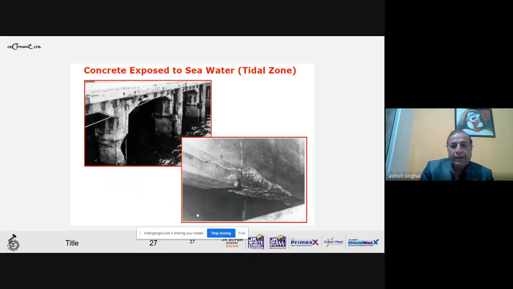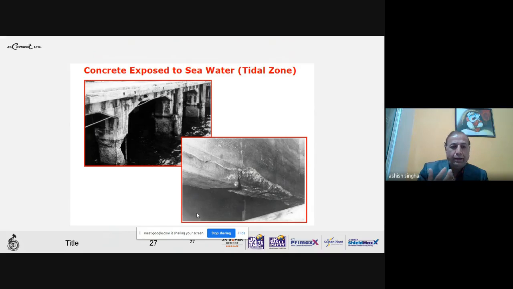In the past, we have observed through many studies and research that structures situated on the seashore or the coastal line, like important infrastructure projects such as bridges and other buildings, when constructed with ordinary Portland cement only and no blending was done, within a couple of years of performance, a lot of chloride had gone inside the concrete.